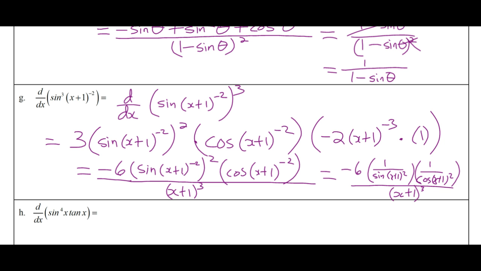Yeah, the sine. Oh, okay. Yeah, so it's the sine of. Oh, hang on. No, it's the sine of 1 over x plus 1 squared, and the cos of 1 over x plus 1 squared. Or sine squared 1 over x plus 1 and cos squared. Variations. Good enough, right?